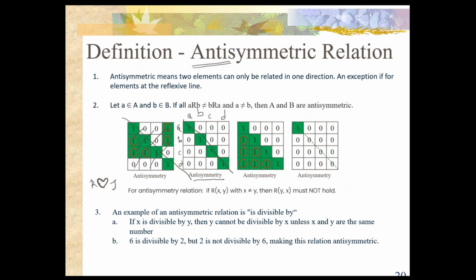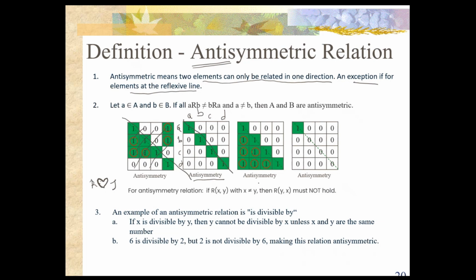B to B, C to C, D to D. So there is still one relationship, but there's no reciprocal relationship from the other. Still fulfills the criteria of being anti-symmetry. Given two elements, they can only be related in one direction. An exception is for elements at the reflexive line. So the presence of elements at the reflexive line indicates that it's still anti-symmetry.